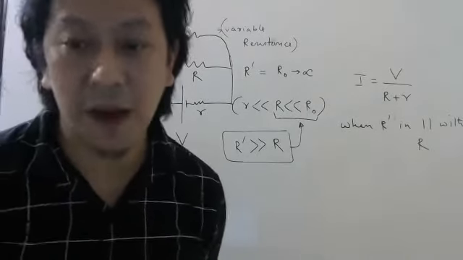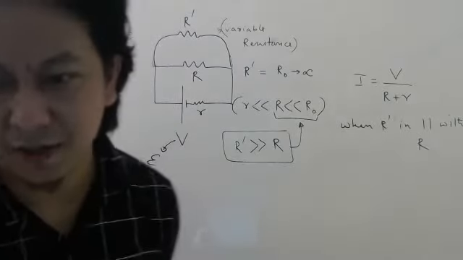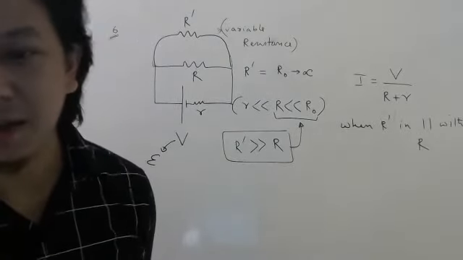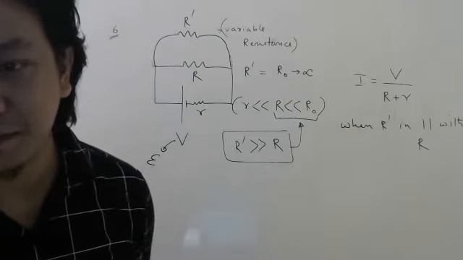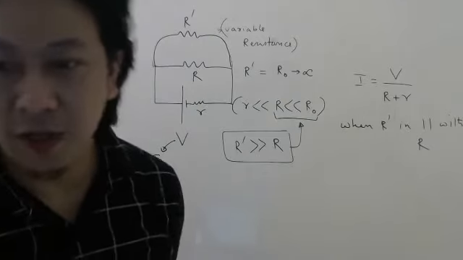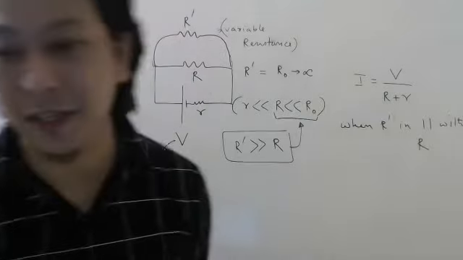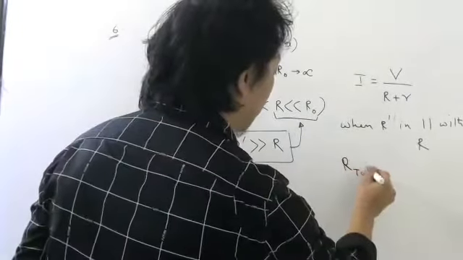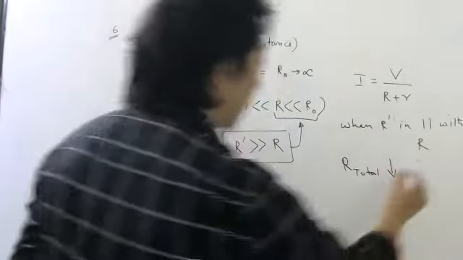When you connect in parallel, whatever resistance, I don't care, it will decrease. Equivalent resistance always decreases in parallel. So since total resistance will decrease, current now will increase. Understood?